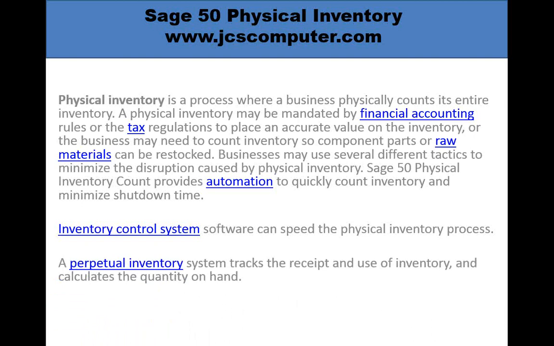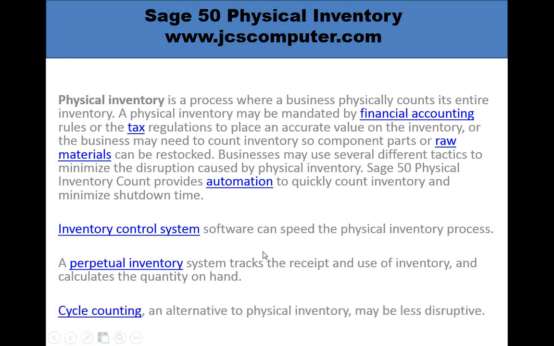And it supports your perpetual inventory system, tracking the receipt and the use of inventory, and helps you continually calculate the quantity on hand. The EzScan also supports cycle counting, which is an alternative to an entire physical inventory count and may be less disruptive to your business.